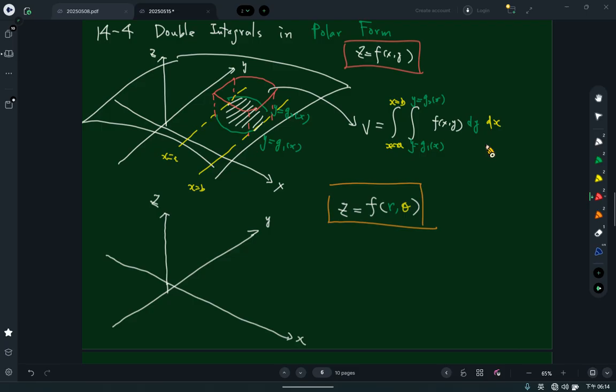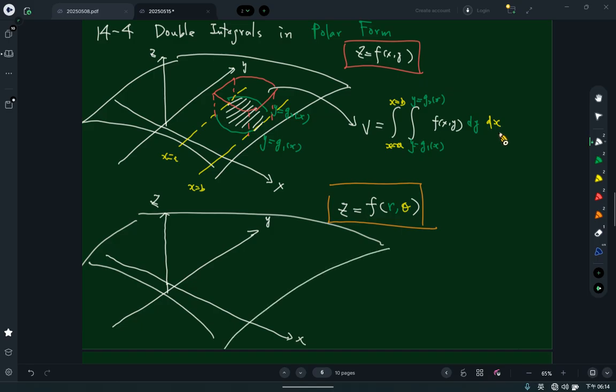Still the same: once I give you z equals f of r, theta, it is also a space surface. But this time, the region is defined in a different way.